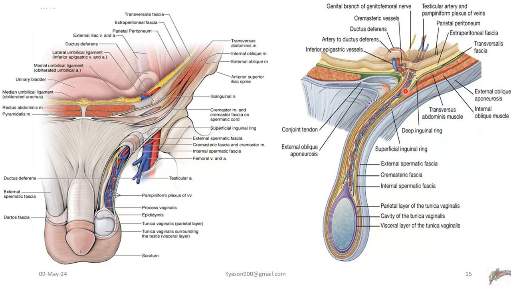This is your spermatic cord, the content that's going to be within the inguinal canal, a canal that has two rings. We have the internal ring, which is the entrance, also called the deep inguinal ring, and then the exit that we call the superficial inguinal ring.